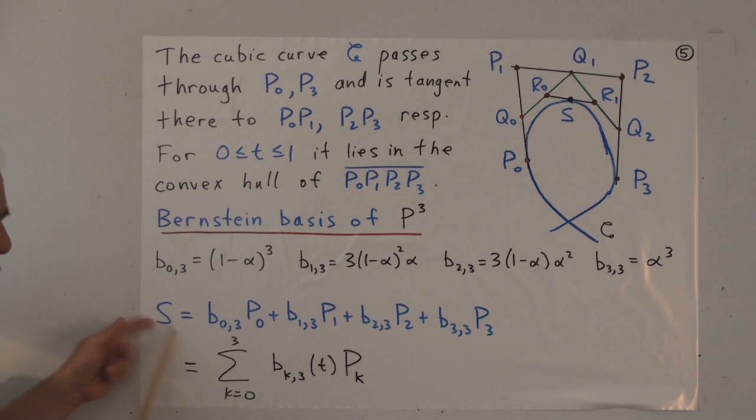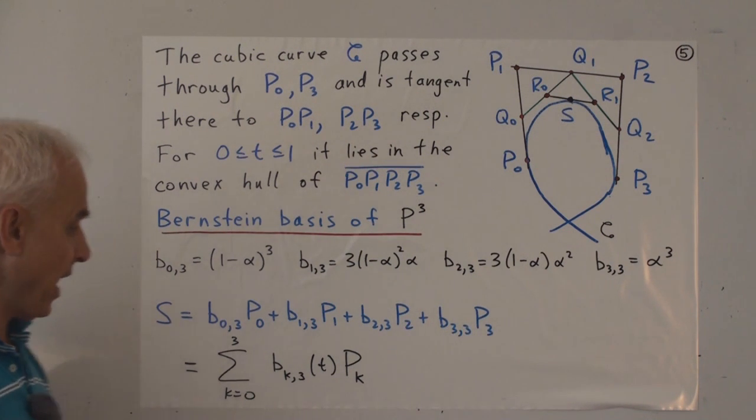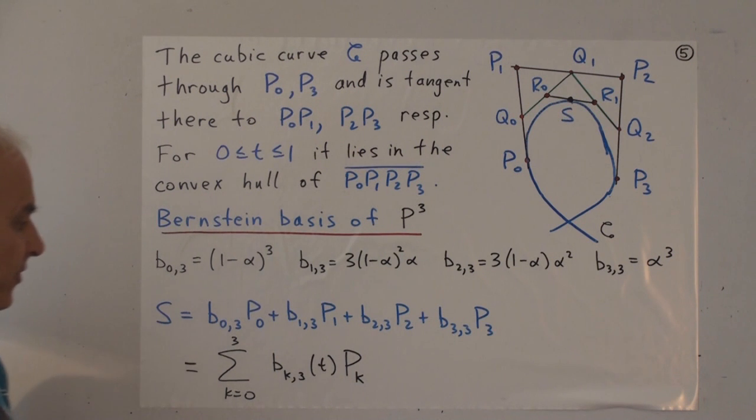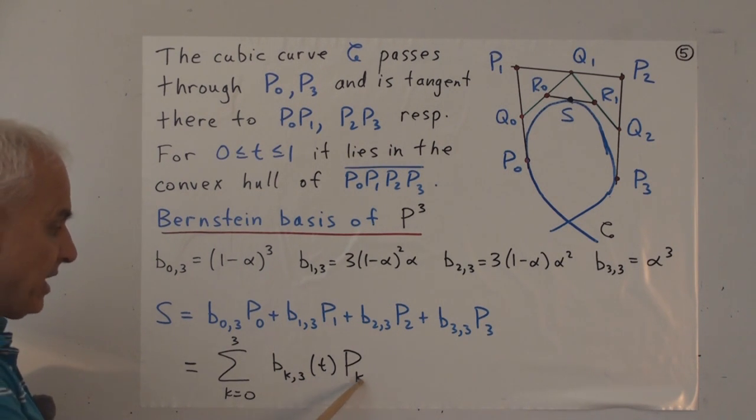And to summarize, our formula for S was a convex combination of P0, P1, P2, and P3. And the coefficients were these polynomials. Actually, they were evaluated at t, so maybe it would be better to write it this way, using summation notation: the sum for k equals 0 to 3 of B_k3 of t times P_k.